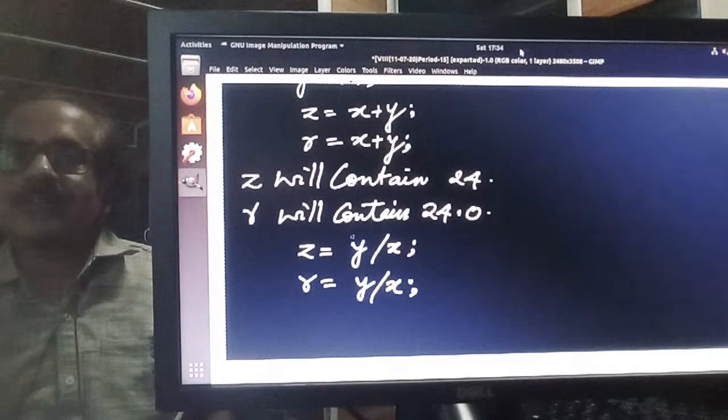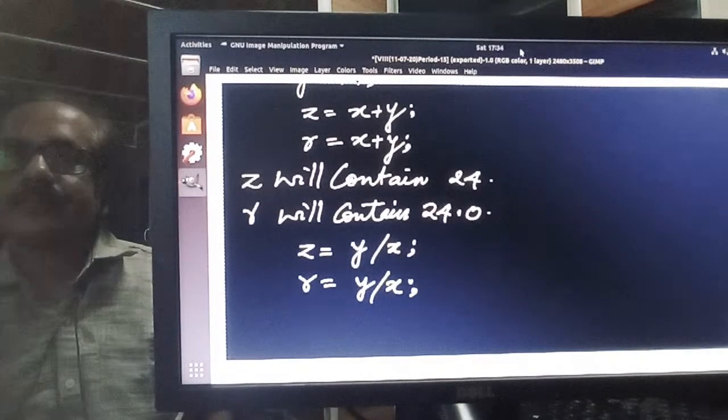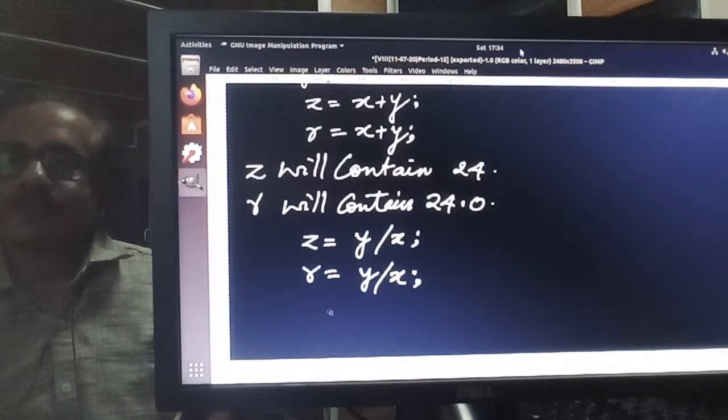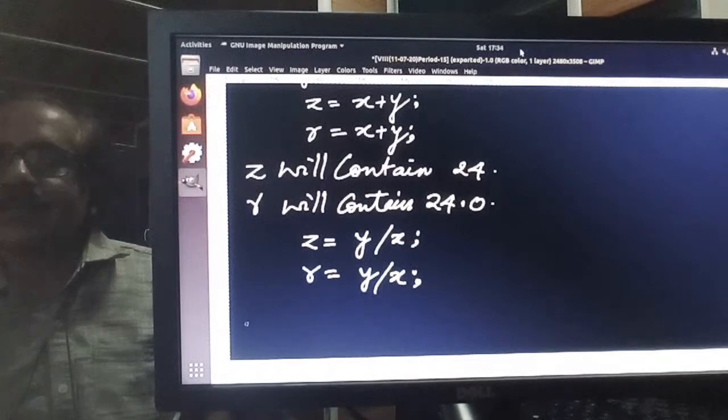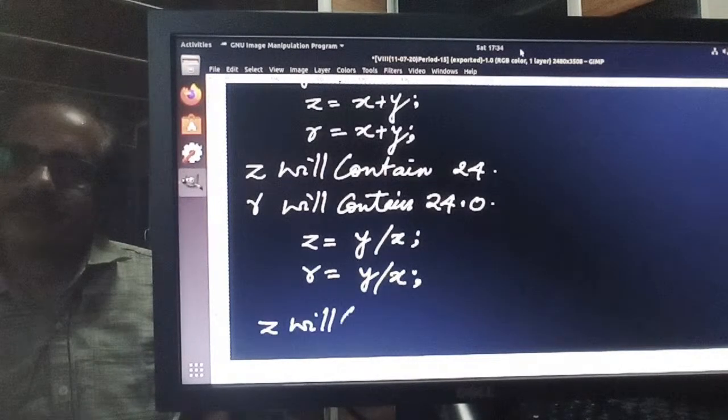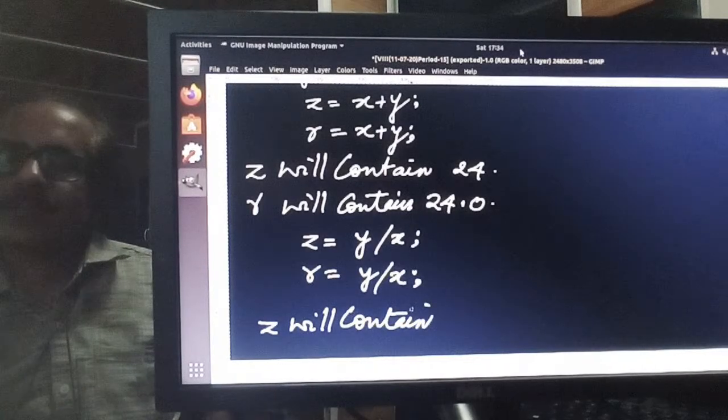When this is divided, 19 divided by 5, z will contain 3.